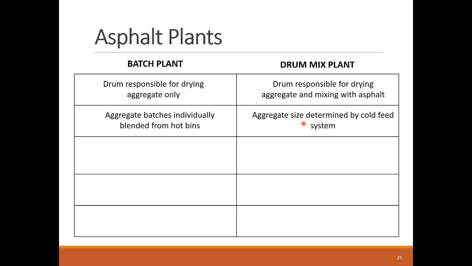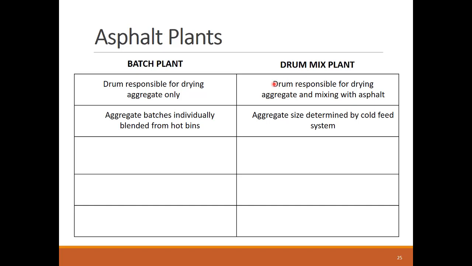Let's summarize our asphalt production plants discussion with a comparison table. As we discussed, the drum and cold feed system in the drum mix plant replaced the weighing and mixing functionalities of the tower in the batch plant.